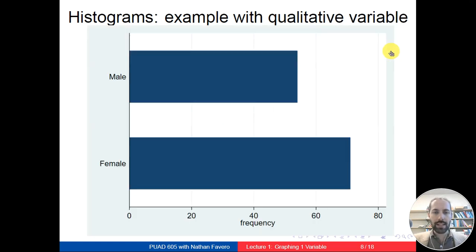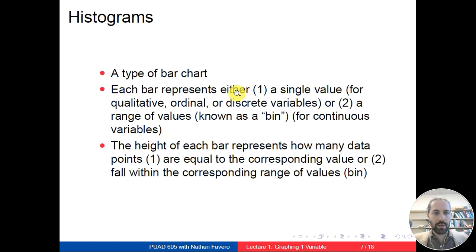So, having looked at that, let's go back to the definition or the description of a histogram. Each bar that we see is going to represent either a single value, like if we're looking at a qualitative variable in the example that we just had, that would be male or female. One bar represents male, one bar represents female.